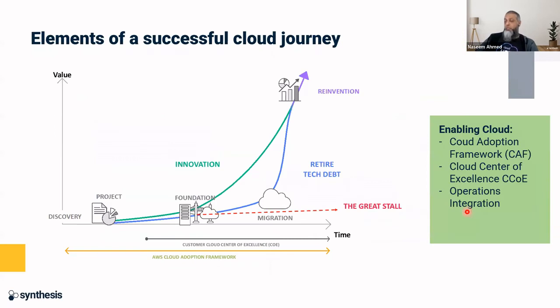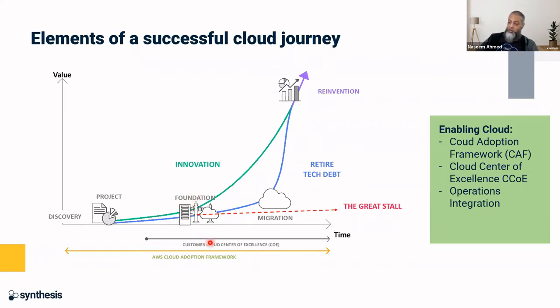These are just some of the elements of a successful cloud journey. A cloud journey typically has 4 stages: the discovery phase, which is at the bottom, building of the foundation, the innovation, and the reinvention. It is at the foundation phase where many organizations fall short.